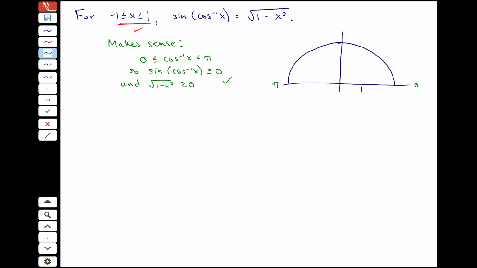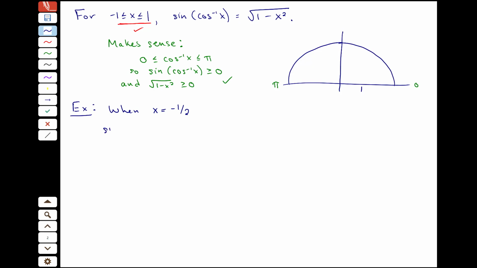Okay, let's see one explicit example of this to really believe that this is true. So let's look at when x is equal to the value minus 1/2.